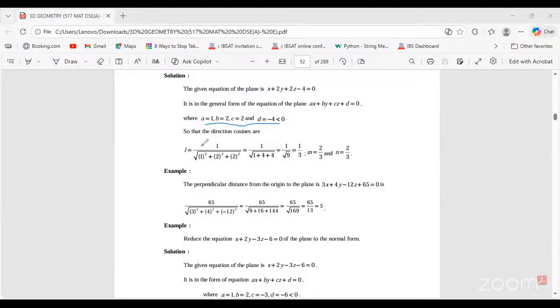So the direction cosines: l is a by under root of a square plus b square plus c square, 1 by under root of 1 plus 4 plus 4, which is 1 by root 9, 1 by 3. Next, m is b by the same denominator 3, so 2 by 3. And n is c by 3, so 2 by 3. We get l value 1 by 3, m value 2 by 3, and n value 2 by 3.